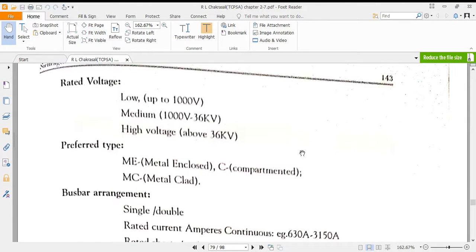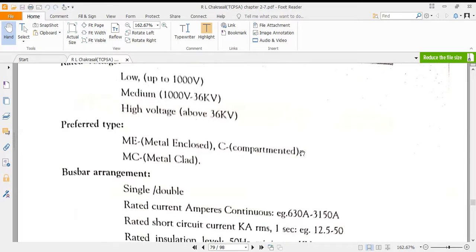Rated voltage, metal clad switchgears: low, medium and high. Generally when it is high voltage, all operation is done through relays. Persons generally do not enter such high voltage areas.